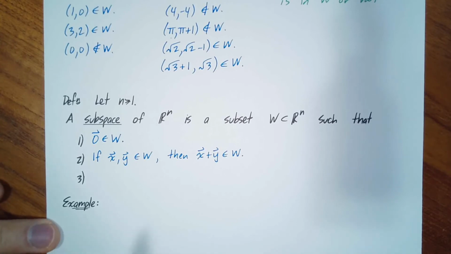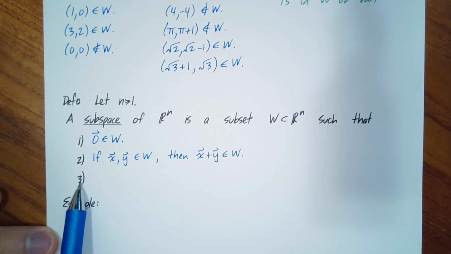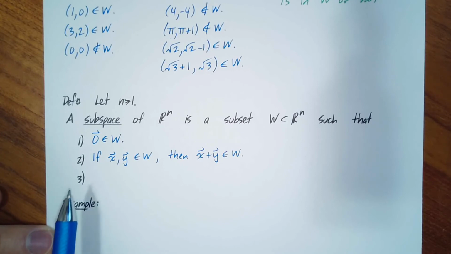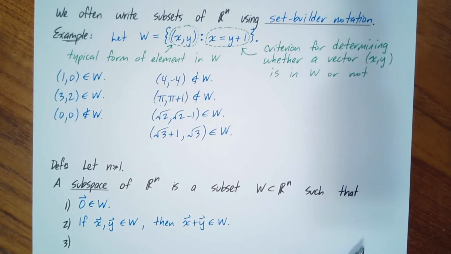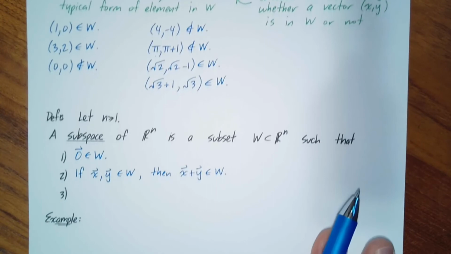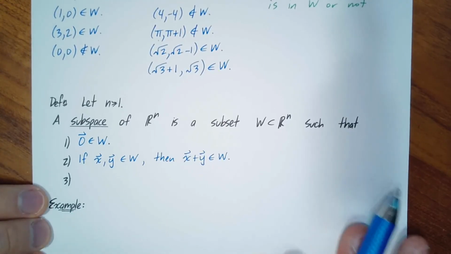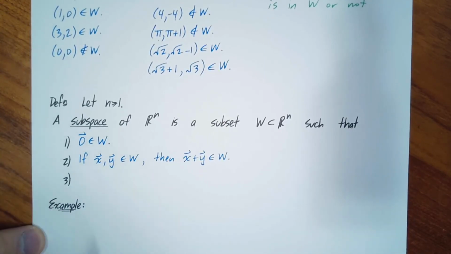All right, let's take a look at the previous example just to illustrate. Actually, no, I'll save that till after we finish this page. And the third condition, I want to say this first.